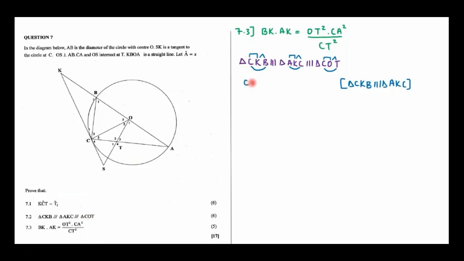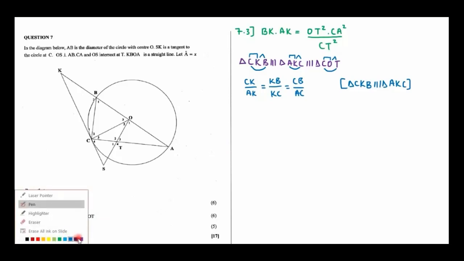I can see that if I take a ratio of CK over AK, it is the same as KB over KC, which is also the same as CB over AC.